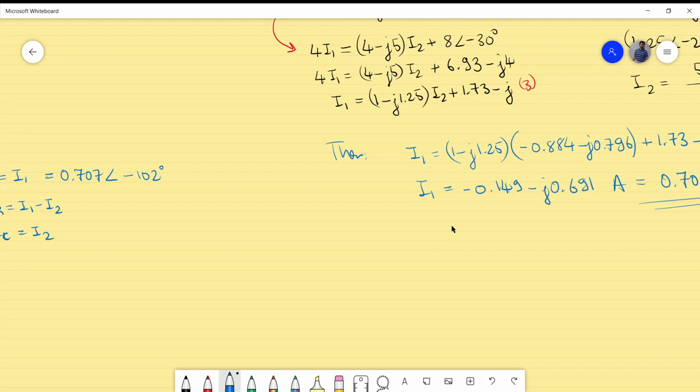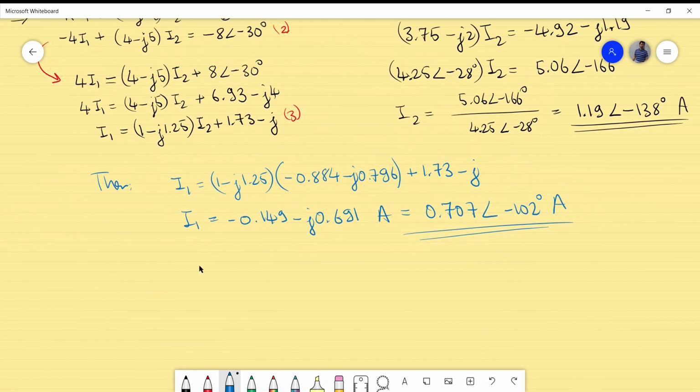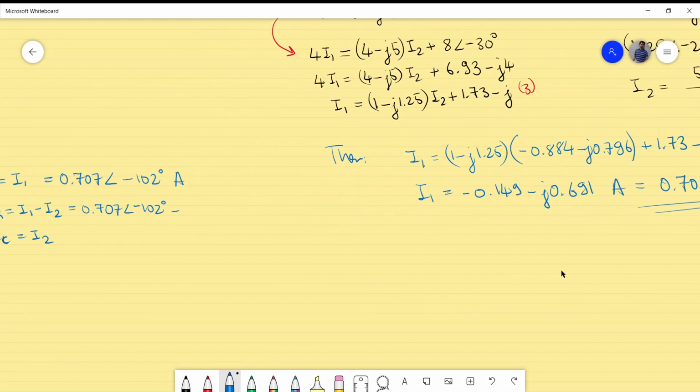Okay, that's the current. Now for the other one, I will have to do the subtraction, I1 minus I2, so I will again use these values, and I2 is shown here, which is 1.19 with a phase of minus 138.